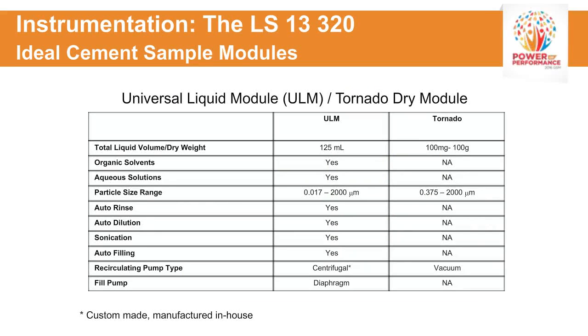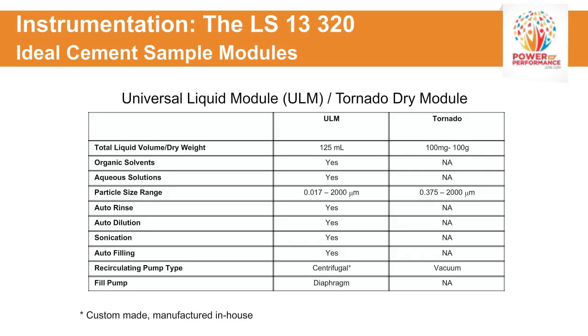Briefly, the two modules that I mentioned, the universal liquid module is for running any kind of fluid. It can handle any Class D solvent. It holds approximately 120, 125 mils of fluid, and this is circulated by a centrifugal custom designed pump designed specifically for handling particles.